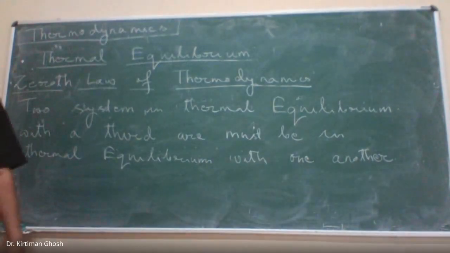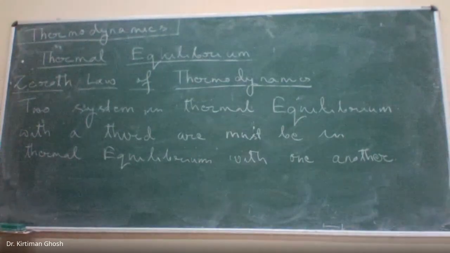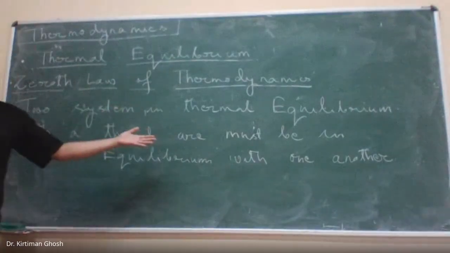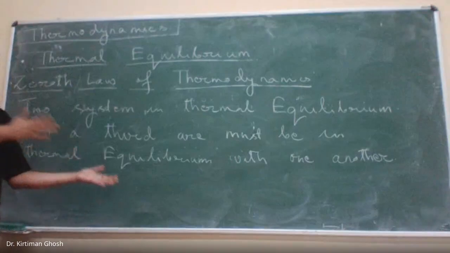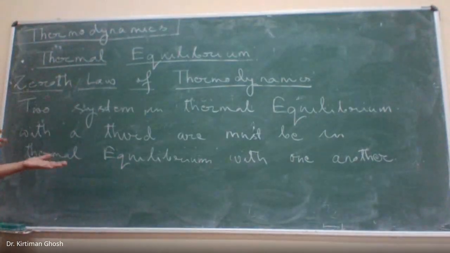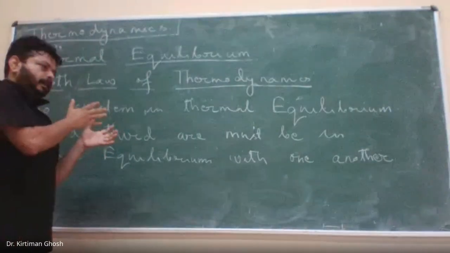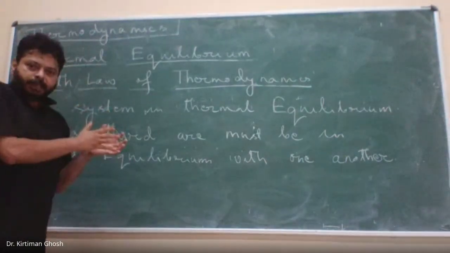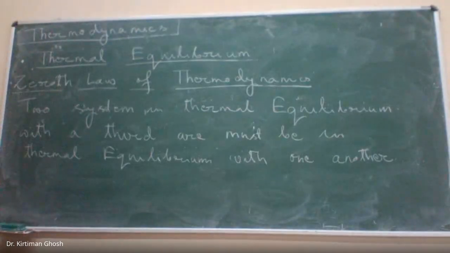So you understand the importance of this law, right? Because this law actually tells you how you can measure the temperature of a given system. It gives the idea of comparing the temperature of two different objects. I have one object. I can take some object close to that object, and I find that the two objects are in thermal equilibrium. Then I can take my object from there and come to another object, and I see that that object is also in thermal equilibrium with my object.